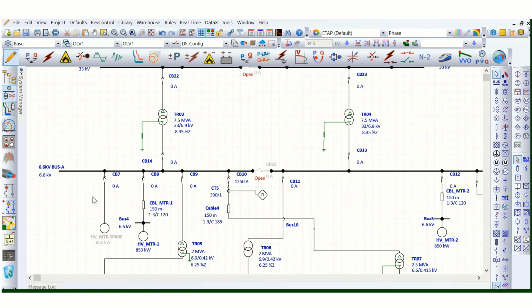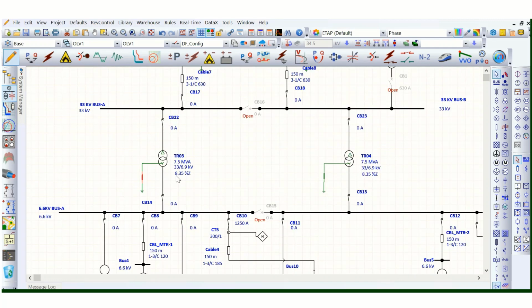But if there are motors connected in this 6.6 kV system, to avoid stator damage, core damage, we have to limit the ground fault current. So in that case, we have to use a resistance or reactance grounding system, preferably a resistance grounding system. So we have to use this NGR, or neutral grounding resistor.